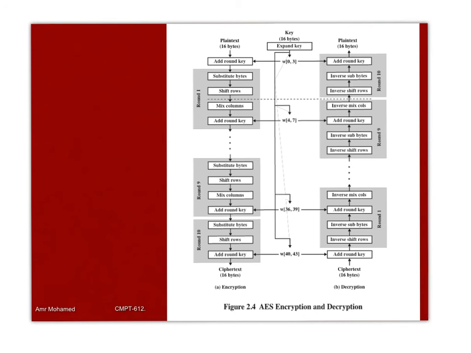Even when we do shift rows, we actually shift entire bytes. We don't do bit level operations at all. What we do here is byte level operations and matrix multiplication, as we will see for the mix column stage.